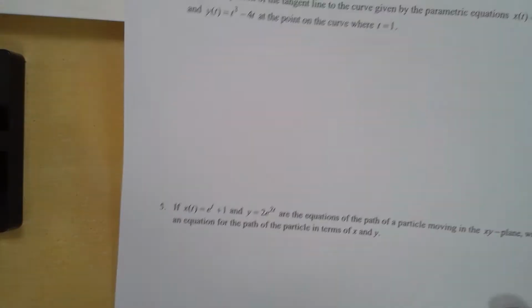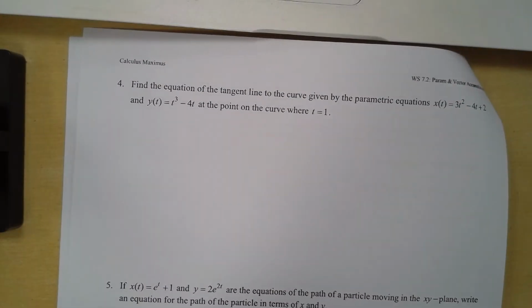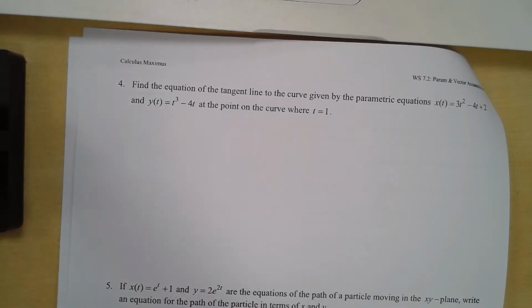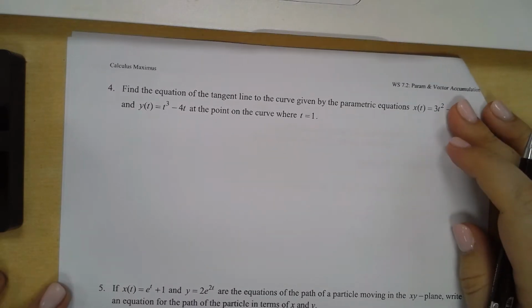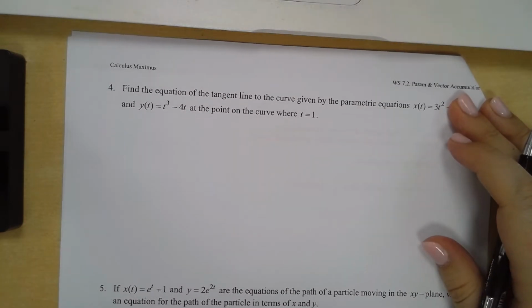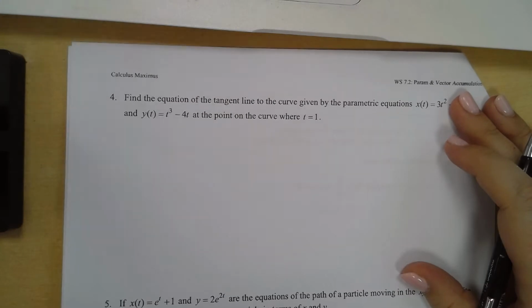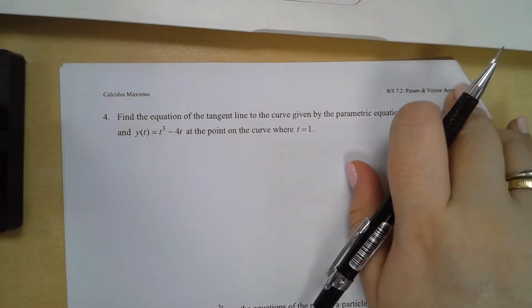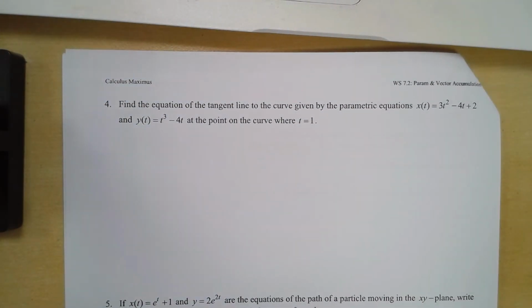Okay, let's move on to number 4. We're asked to find the equation of the tangent line to the curve given by the parametric equations x of t equals 3t squared minus 4t plus 2, and y of t equals t cubed minus 4t at the point where t equals 1. Well, if we're going to write a tangent line, we're going to need our slope.